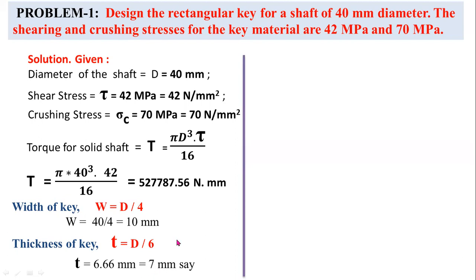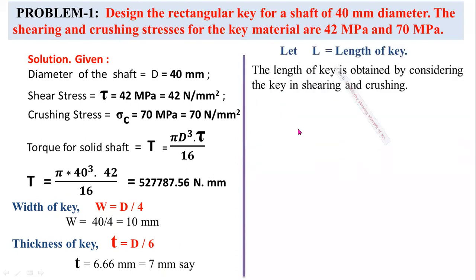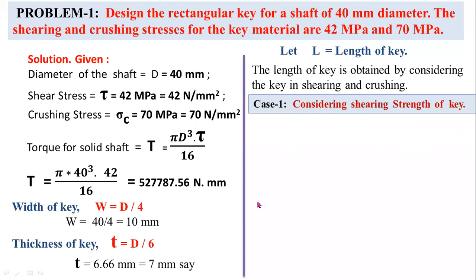After that, you have to determine the suitable length of the key for bearing these two stresses. You have to check these two dimensions, width and thickness. For checking these two dimensions, you have to consider the shearing strength of the key.